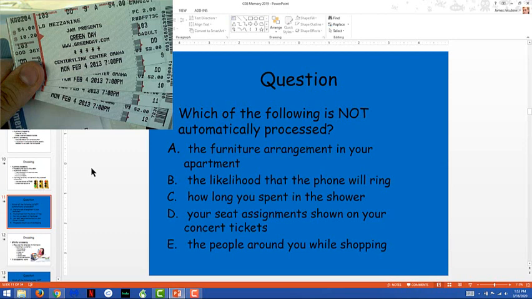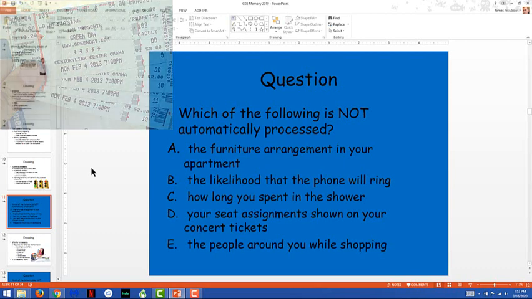When you sat in section Q, row L, seat 5, you very well may remember where you sat and your view of the stage and who was around you in general and the kinds of events that occurred, all related to space, duration, and frequency. But the actual seat assignments, no.